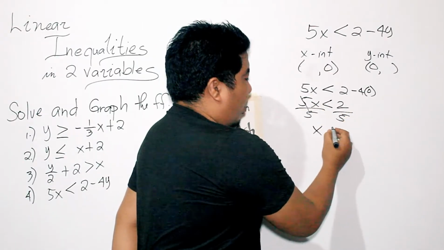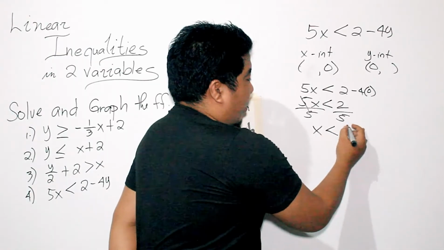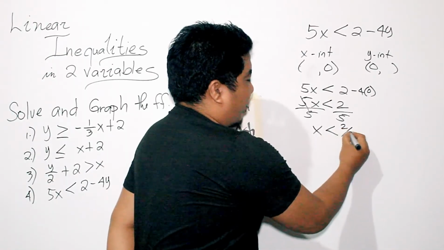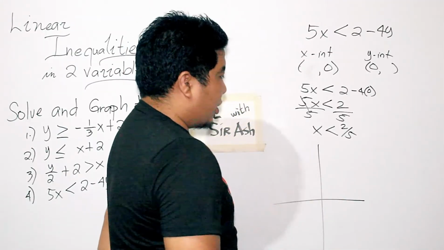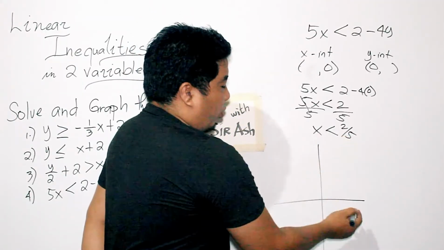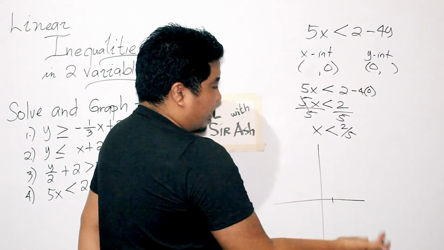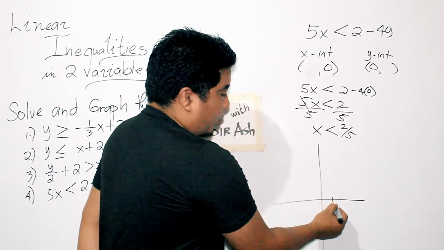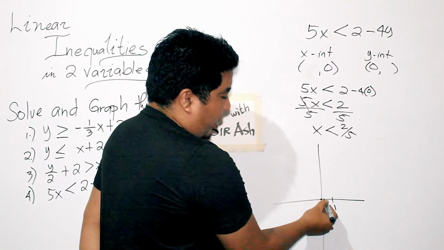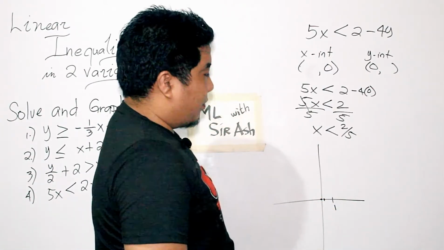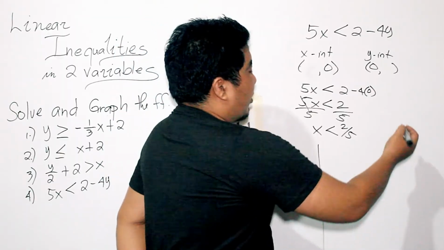And our x-intercept lies on 2/5. Okay. So if this is our Cartesian plane, x is in 2/5. That is basically less than 1. So if this is 1 and this is your origin, 2/5 is just somewhere here. Okay, 2/5. And then we have our y-intercept.